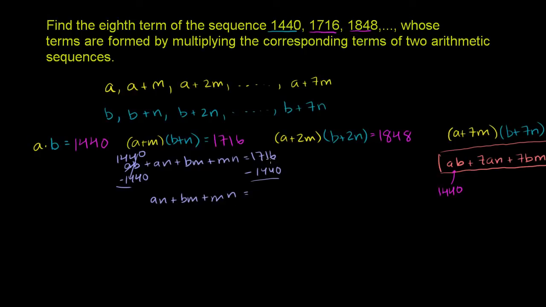We have 1716 minus 1440. 6 minus 0 is 6. Then we can borrow, 11 minus 4 is 7, 6 minus 4 is 2, 1 minus 1 is 0. So an plus bm plus mn is equal to 276. So we got that information using this and that essentially equation.